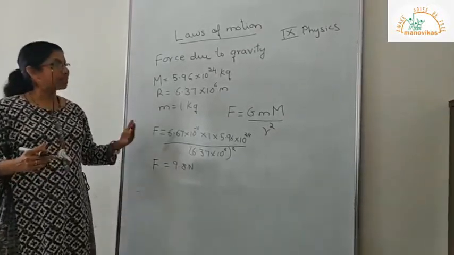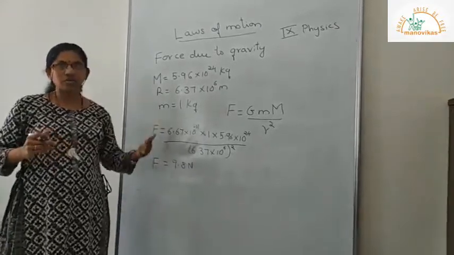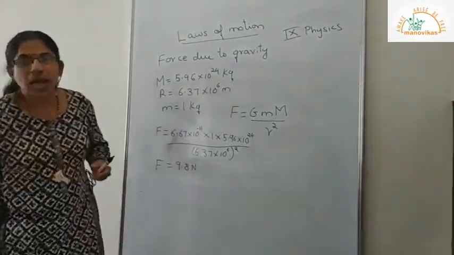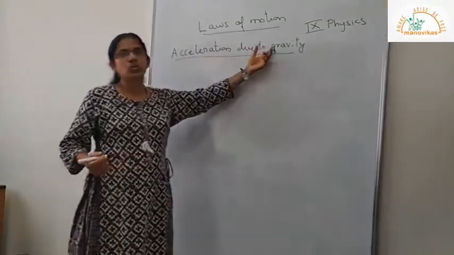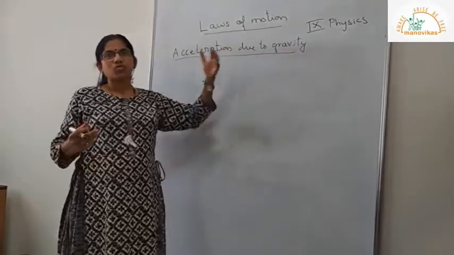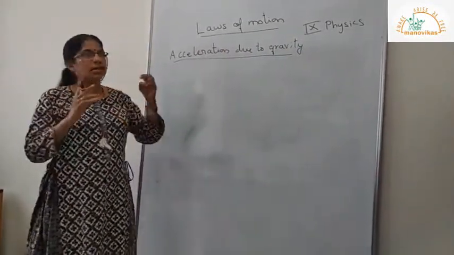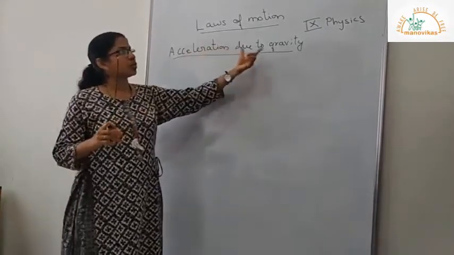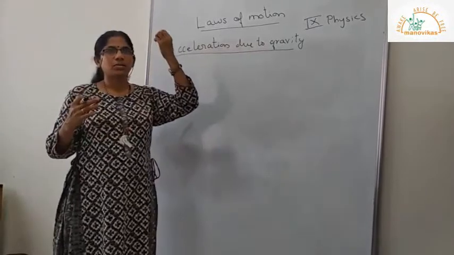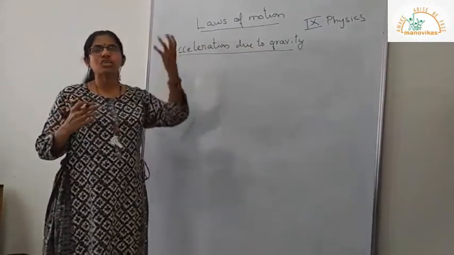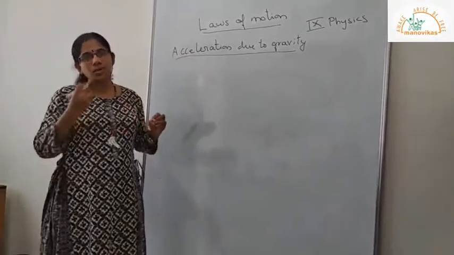Now, once you know the force, let me talk about acceleration due to gravity. So far we have learned about the force exerted between two objects. Acceleration due to gravity is nothing but the acceleration that is produced in an object due to the force of gravity present on the Earth.